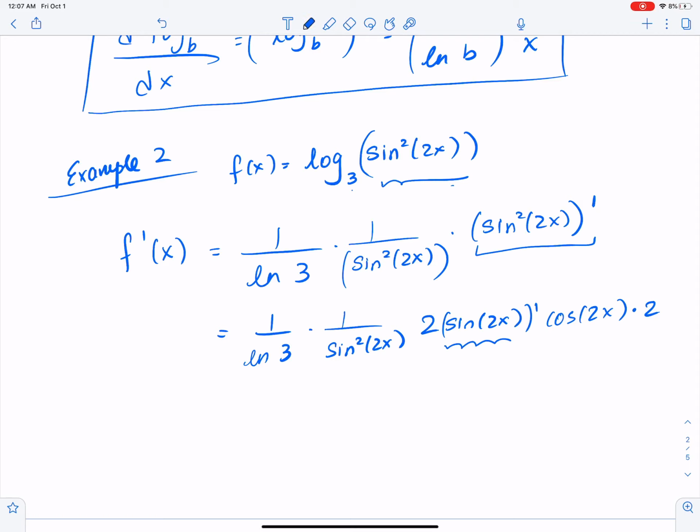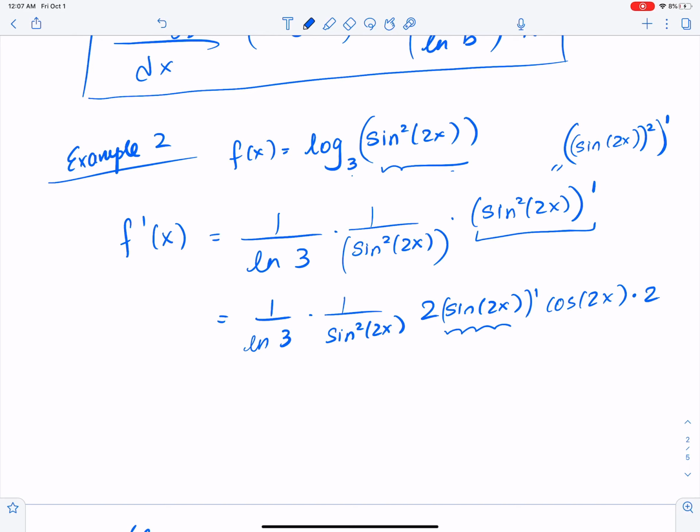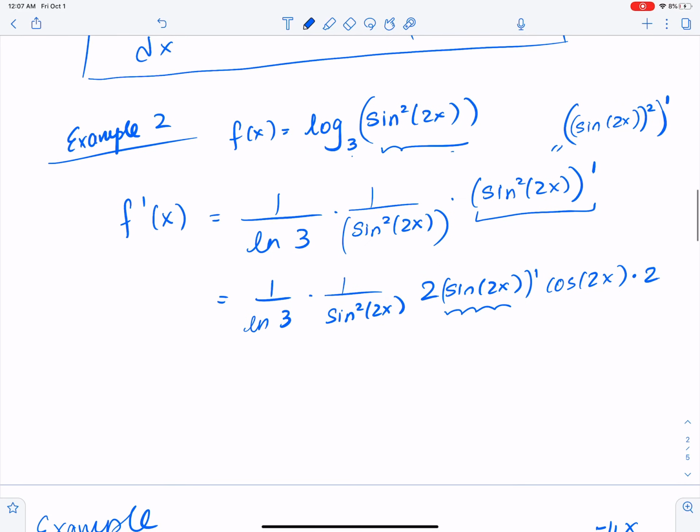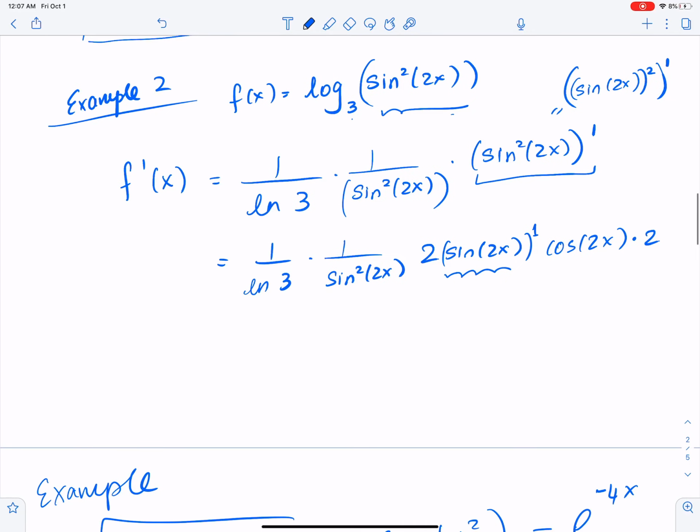So let me just write down what I was saying there. That is (sine 2x) squared, prime. So this whole long thing, that's the answer. Oh, and this was a 1, not a prime. So let's just make sure it looks like a 1.